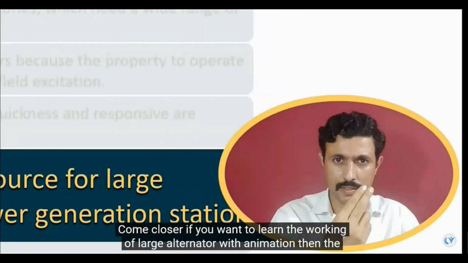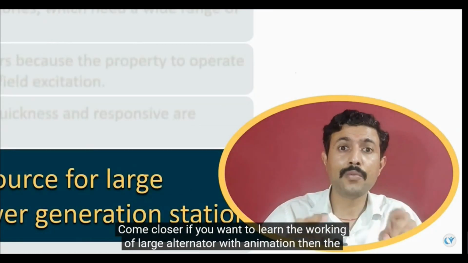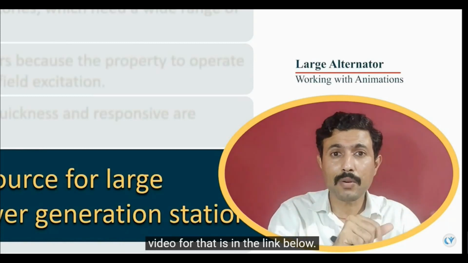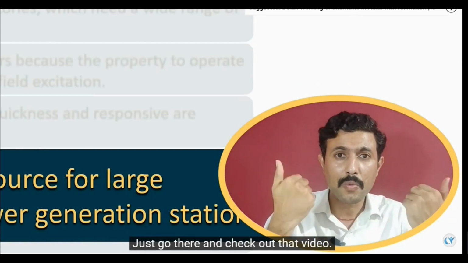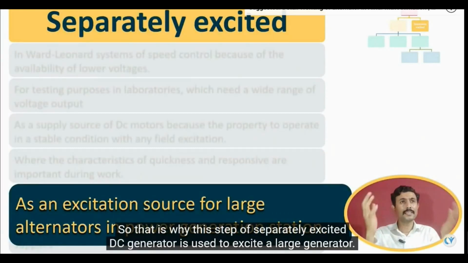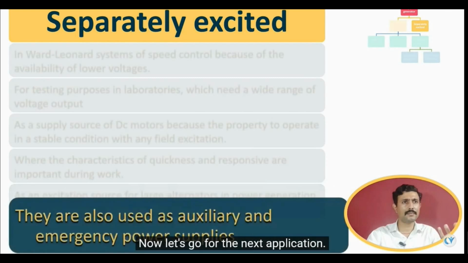If you want to learn the working of a large alternator with animation, then the video for that is in the link below. Just go there and check out that video. Now again go back. So that is why this type of separately excited DC generator is used to excite a large generator.